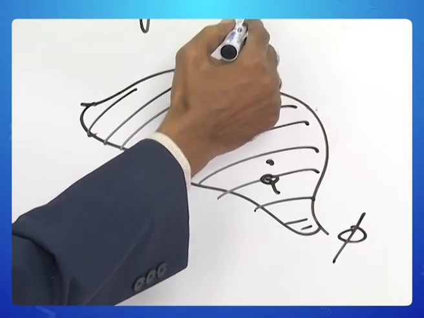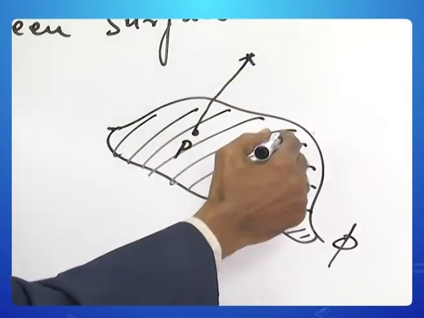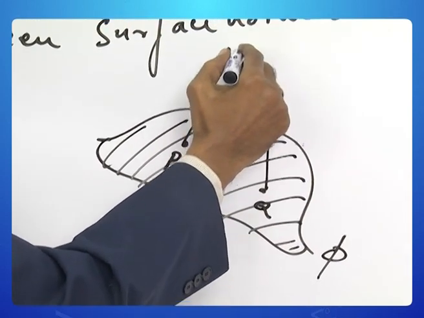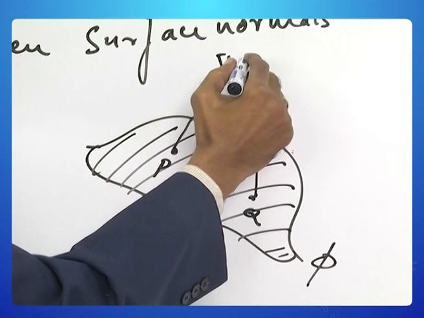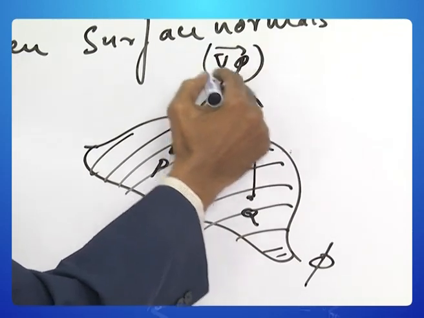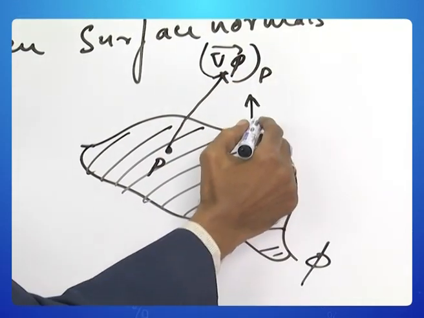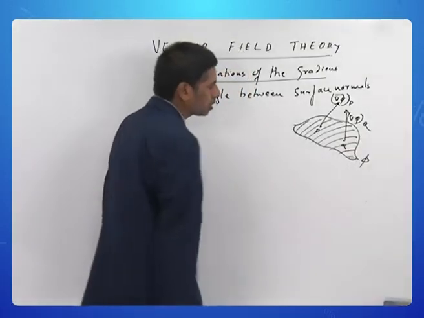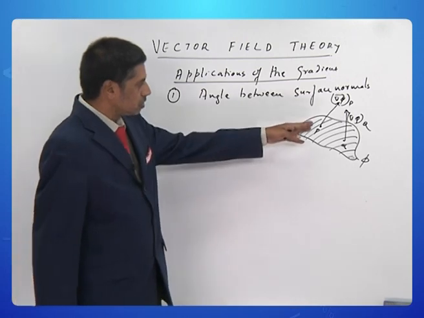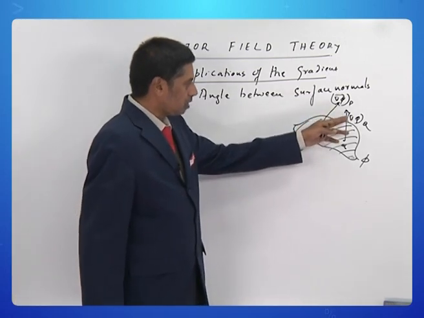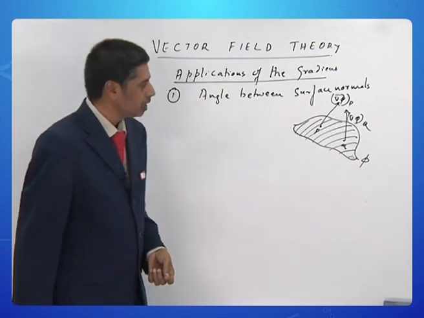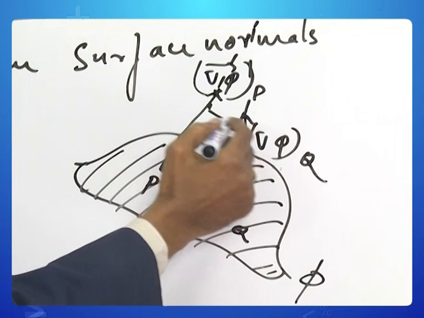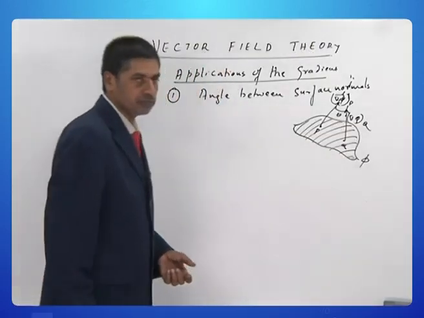Let us say this is the surface normal at P and this is the surface normal at Q. So, this is del phi evaluated at P and this is del phi evaluated at Q. All we need to do is to measure the angle between these two vectors. Of course, extensions may be required, and once you extend, that angle can be computed.